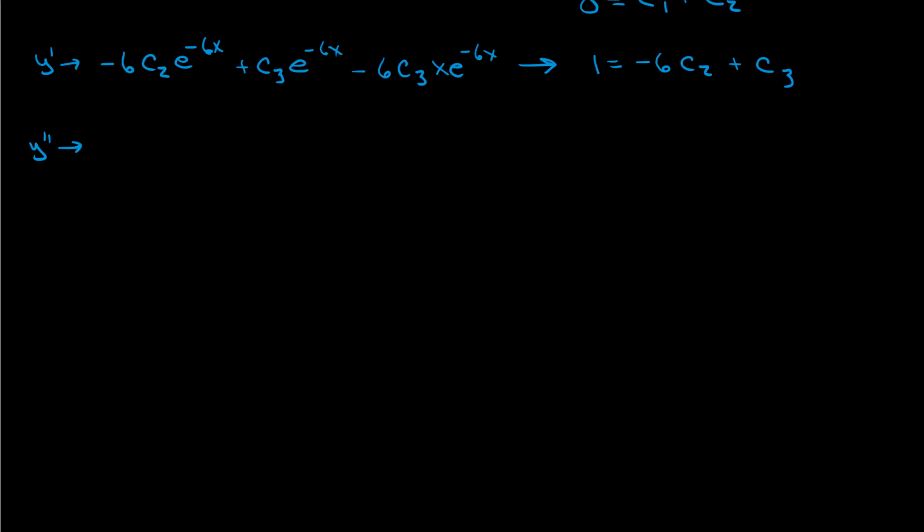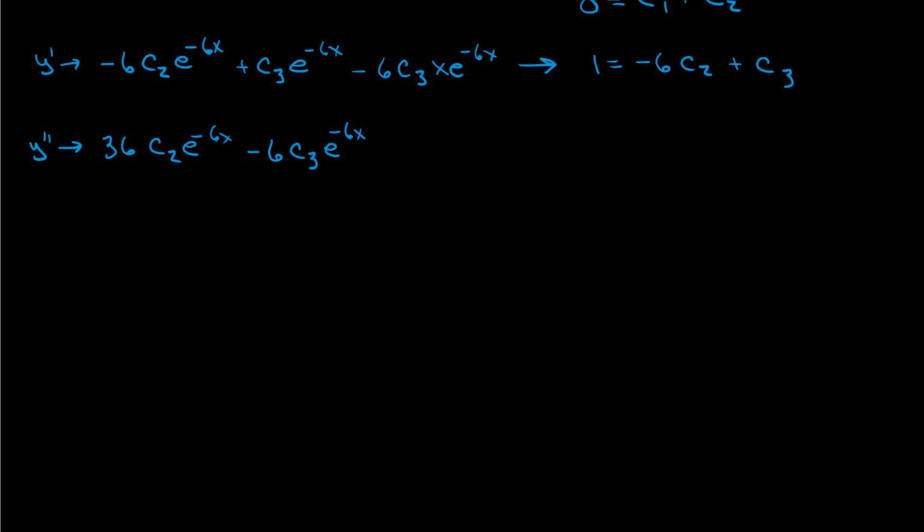Okay, moving on to the second derivative. I need to compute the derivative of this first term, which is going to give us a 36 C2 e to the negative 6x. Then we're going to have a minus 6 C3 e to the negative 6x. Then for this one, we're going to have to use the product rule again.